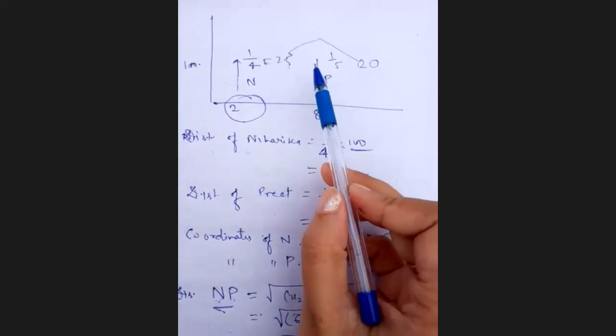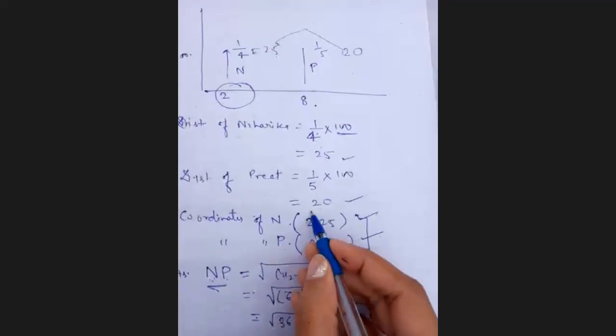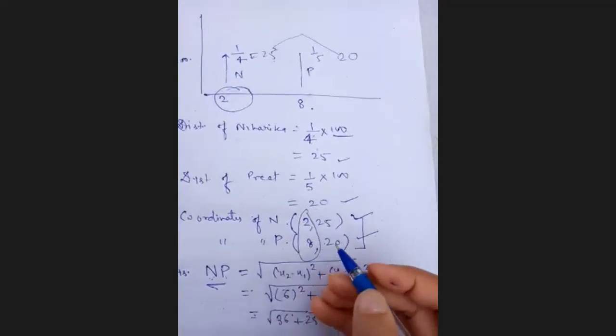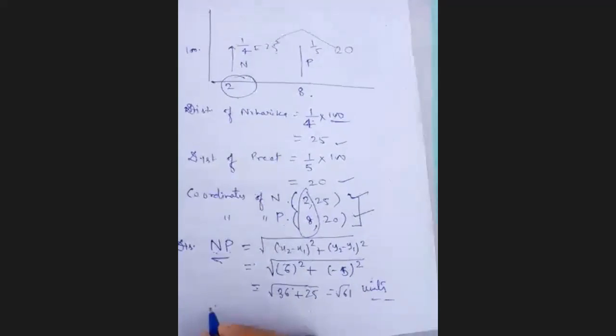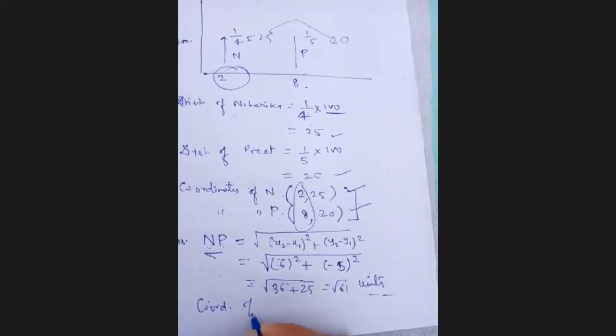So coordinates of अगर blue flag अगर find करोगे आप तो कैसे find करोगे? इस x को पहले x1 plus x2 upon 2, okay? Coordinates of blue flag.